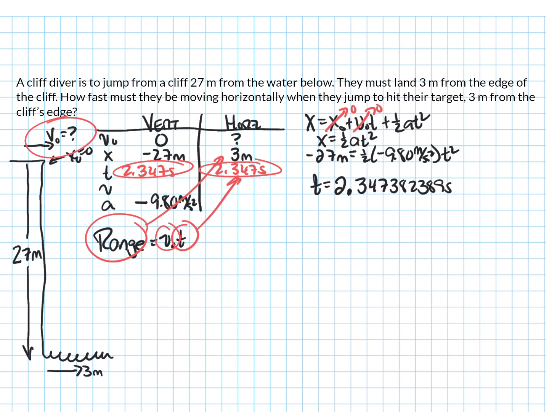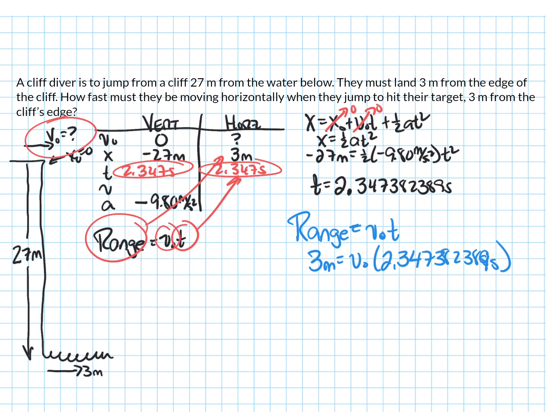All right, so let's see. Range is equal to V naught times time. The range is going to be 3 meters. That's equal to my unknown V naught, and my time, 2.347382389 seconds.